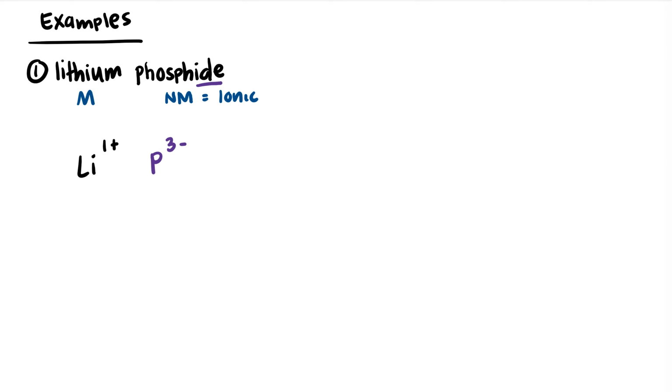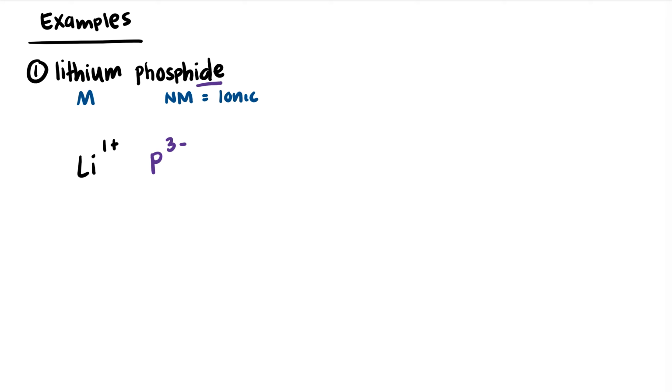And remember our one rule to writing ionic formulas. The positive charge must be equal in magnitude to the negative charge. You see here, 1+ and 3- are not going to cancel each other out. They're not equivalent in magnitude.